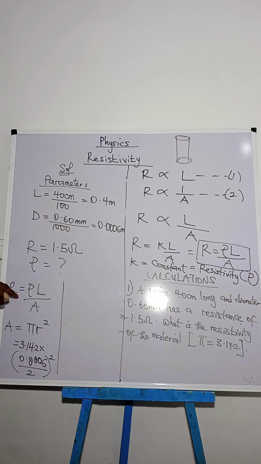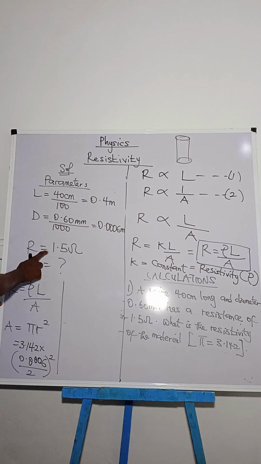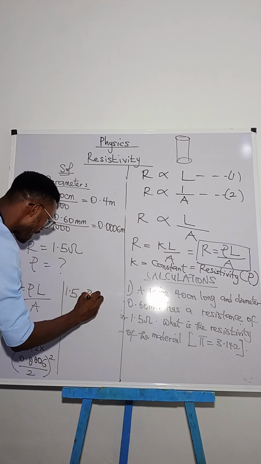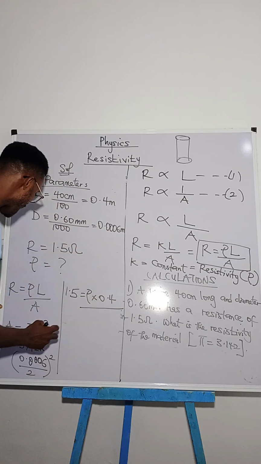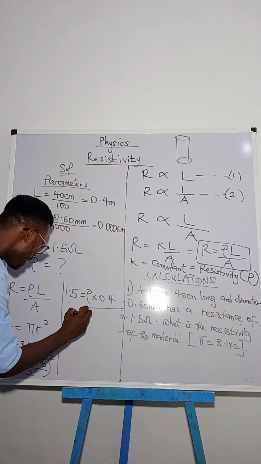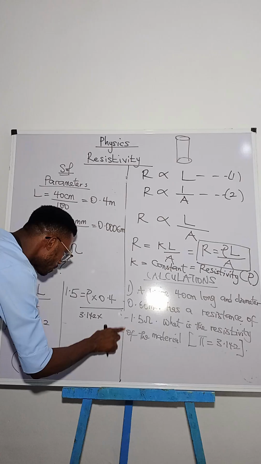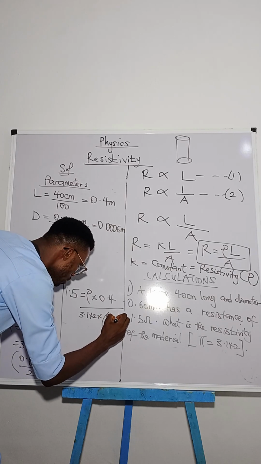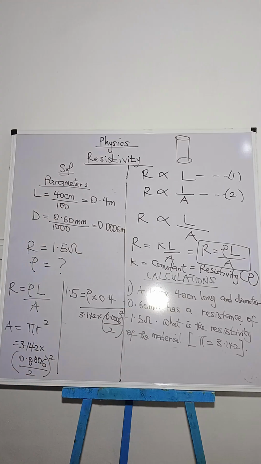So now, if I put this in the formula, R is 1.5, equal to rho times L, which is 0.4, over area. What is my area? 3.142 times, in bracket, 0.0006 over 2 all squared.